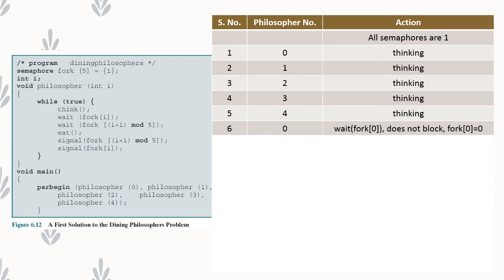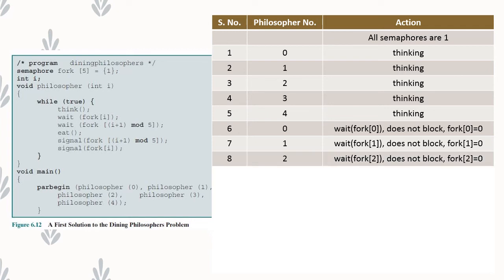Then philosopher 0 waits on fork 0. It does not block. Fork 0 becomes 0. Remember, it was 1 initially. Then philosopher 1 waits on fork 1, does not block, and fork 1 becomes 0.